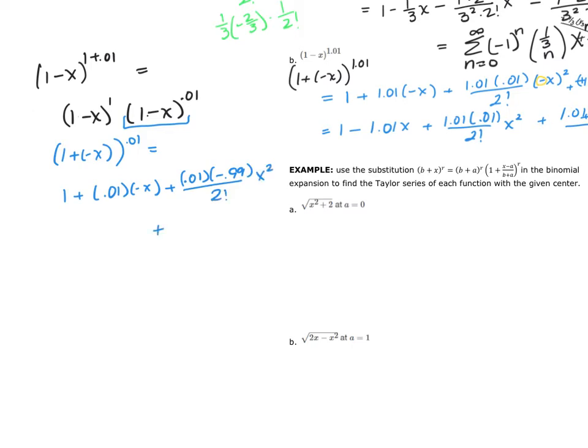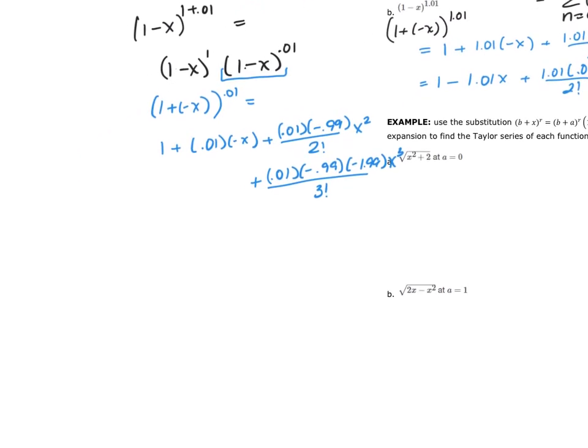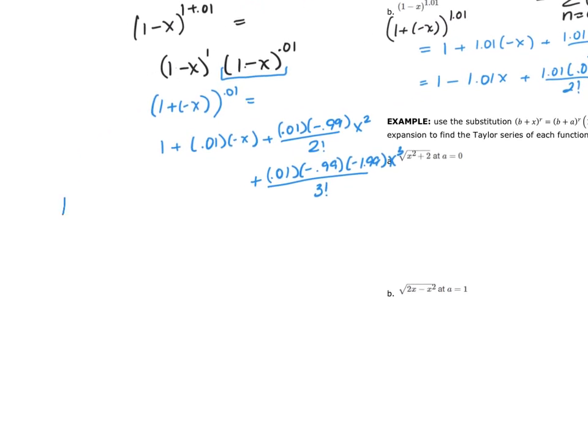My third term is going to be 0.01, negative 0.99, negative 1.99, over 3 factorial x to the third. And if I were to clean this up algebraically, again, I'm only focusing in on the 1 plus negative x raised to the 0.01.